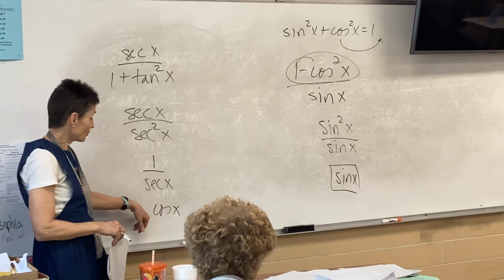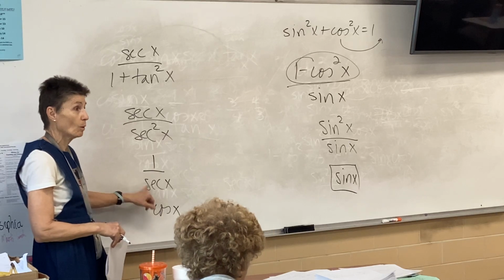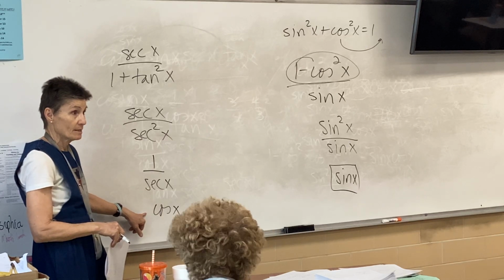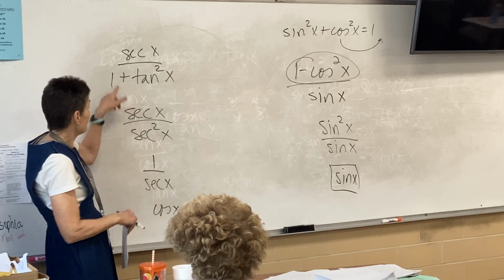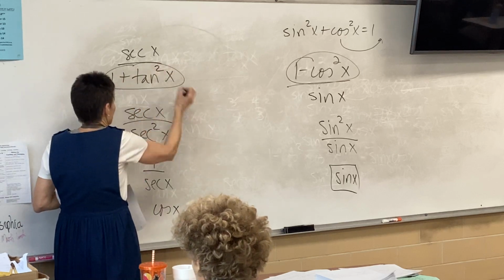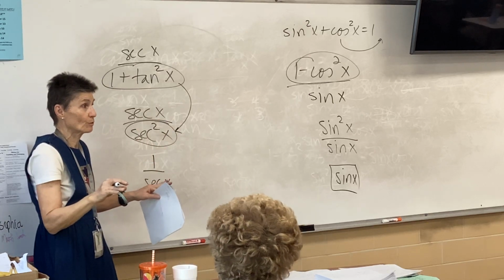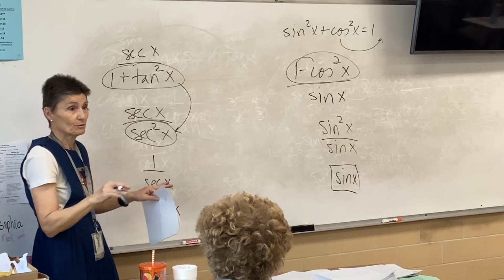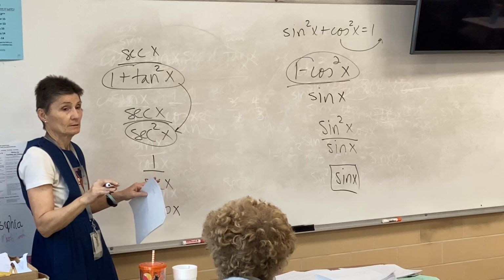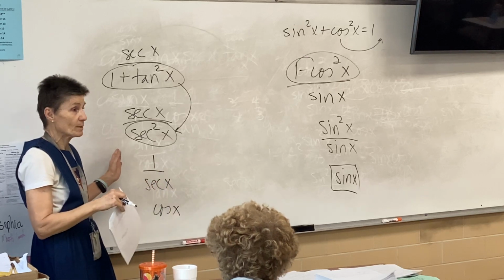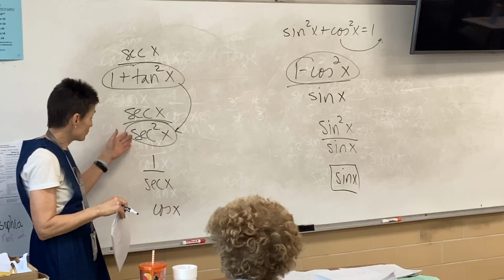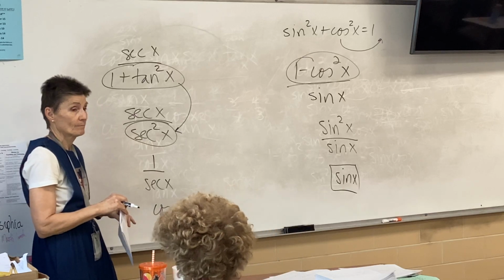So 1 over cosine is secant and 1 over secant is cosine. This is directly on your sheet. Would you agree with me? You just wrote it down, didn't do anything tricky, and then you just had a simple little cancel.